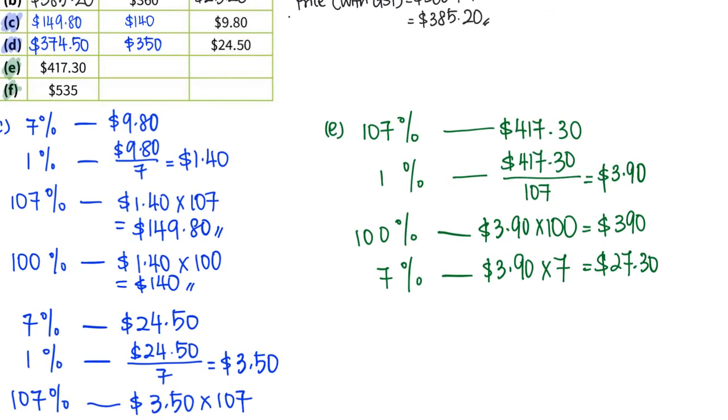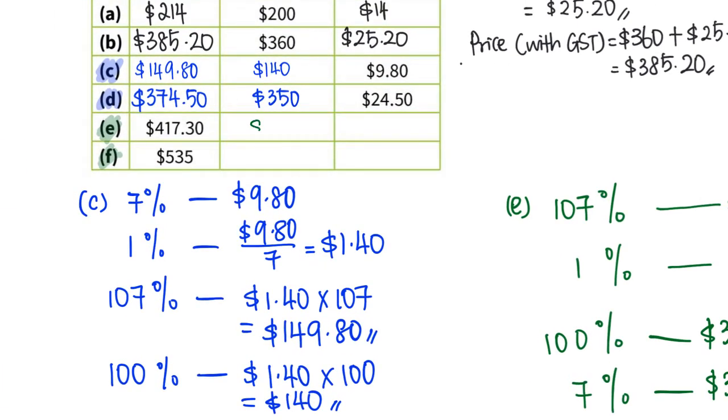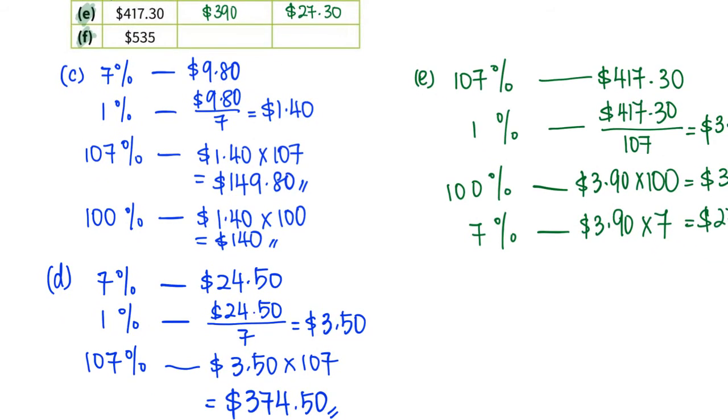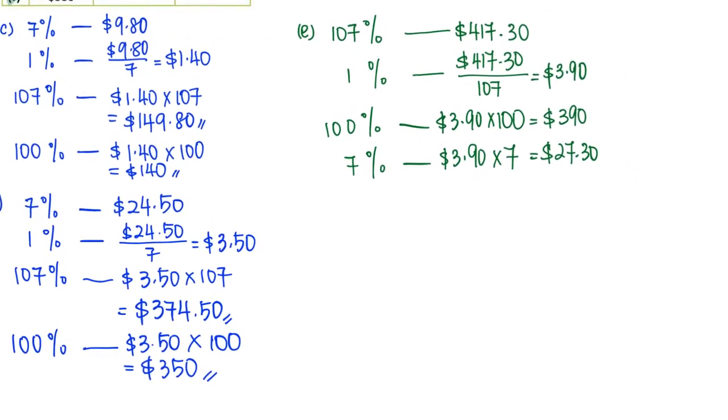And that will be the answer for this, 390. $27.30, and the same working for Part F, 535.